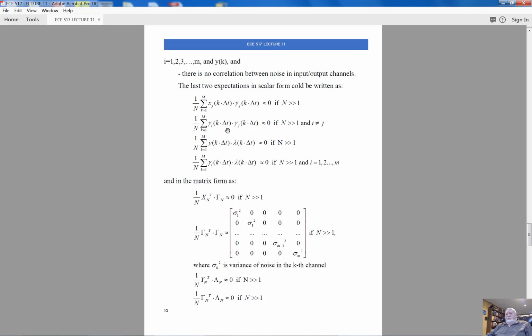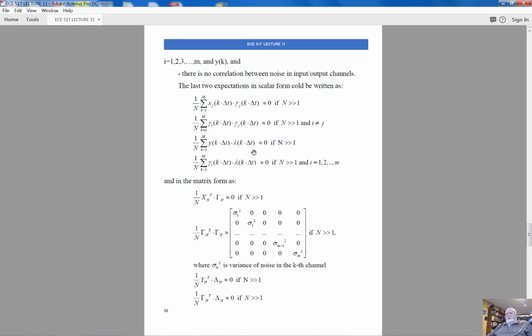Issue number 2. If I compute the correlation coefficient between two components of noise, noise in channel number I and noise in channel number J, I will get zero, providing that the number of observations is sufficiently large and I is not equal to J. Here I compute the covariance coefficient between the output Y and the measurement noise lambda in the output channel.